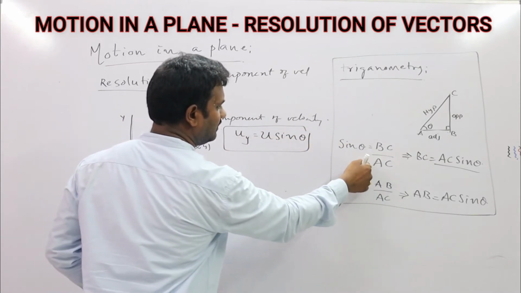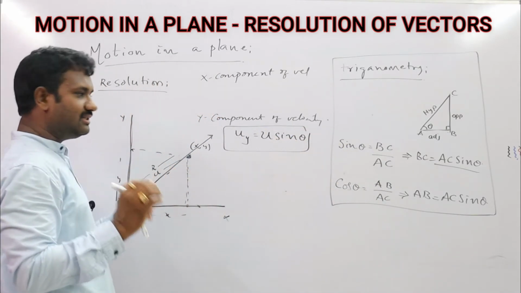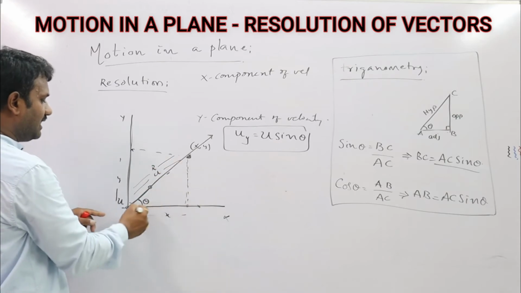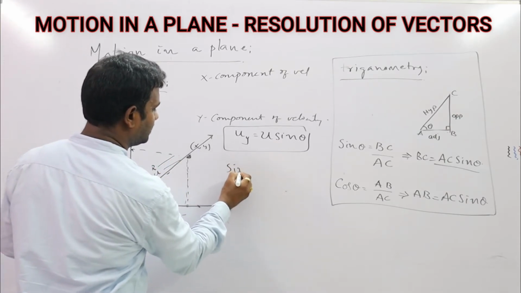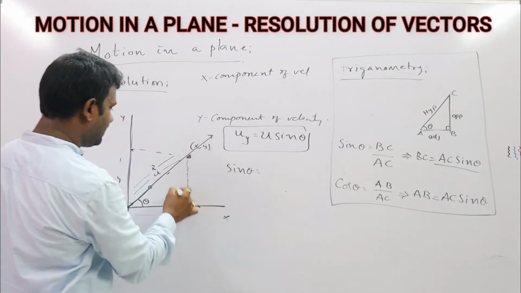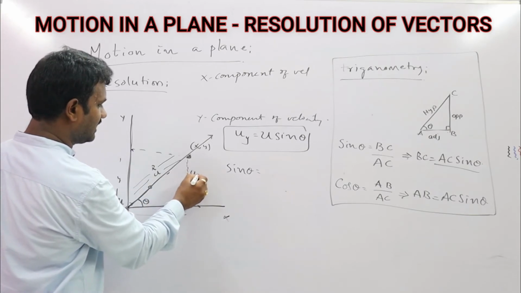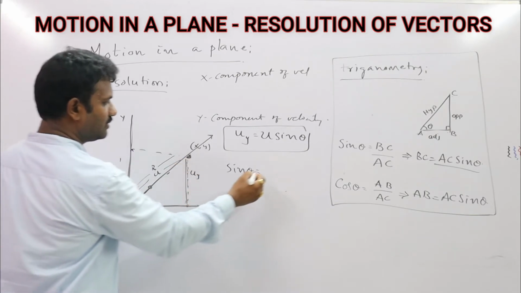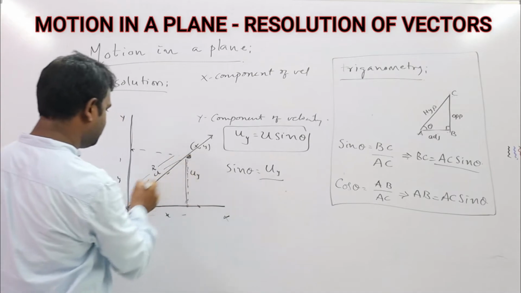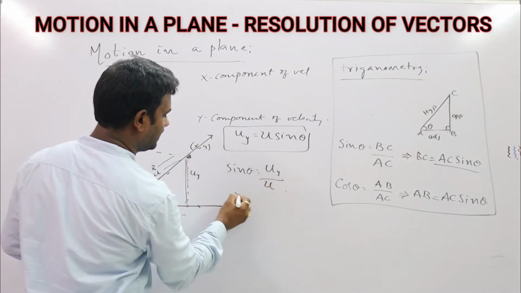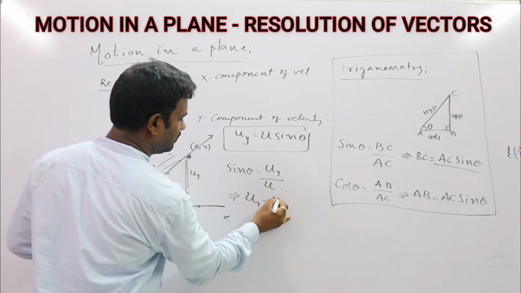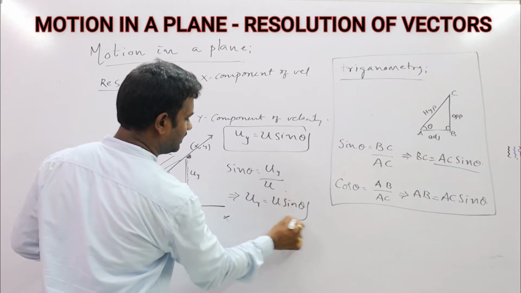As I explained here, you can compare. Otherwise, from this right angle triangle, sin theta is equal to how much? Opposite side by hypotenuse. Opposite side I can write as uy, and uy by hypotenuse, which is u. From this I can write that uy is equal to u sin theta.